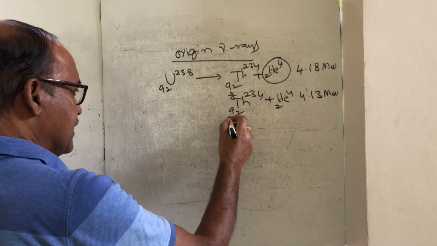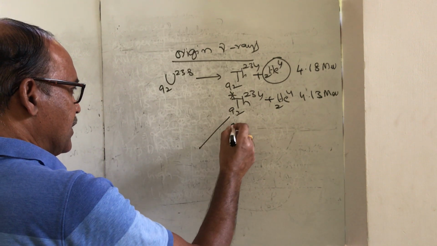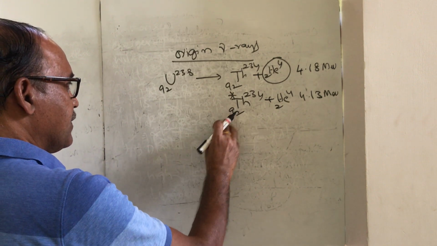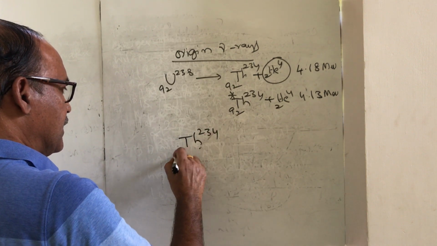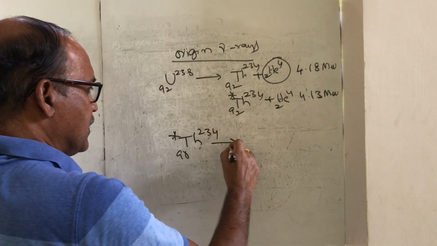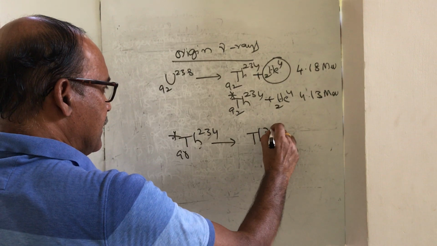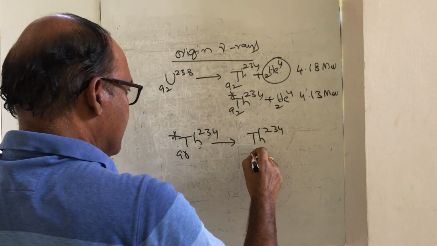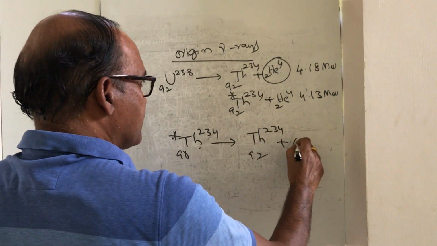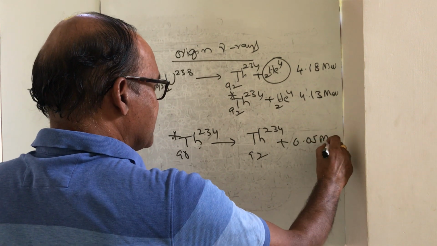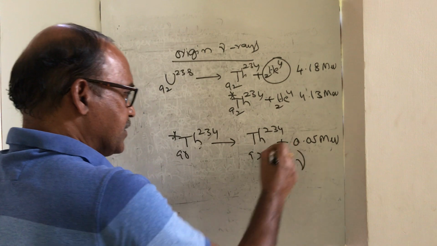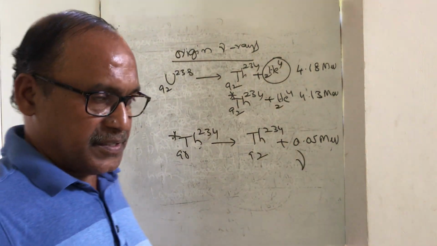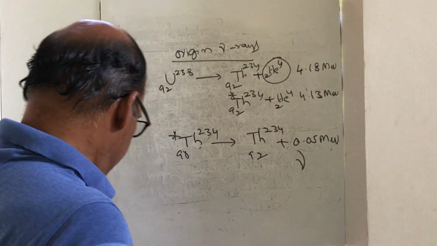The excited state will come back to the ground state, and here thorium-234 star goes to the ground state, and 0.05 million electron volts of energy is emitted in the form of light that falls in the gamma region of the electromagnetic spectrum.